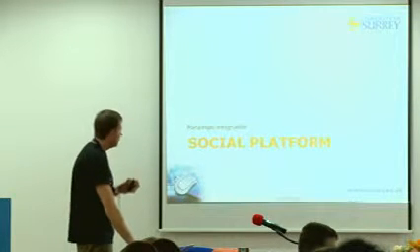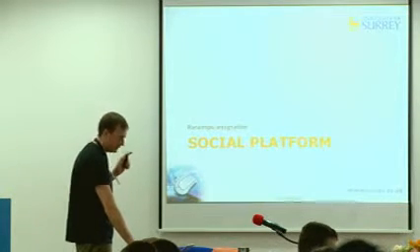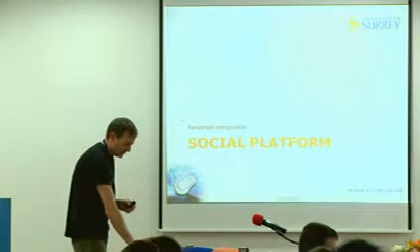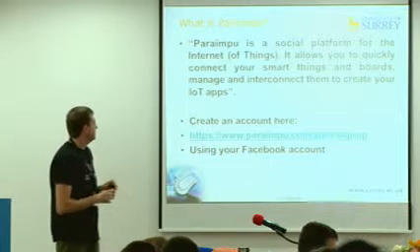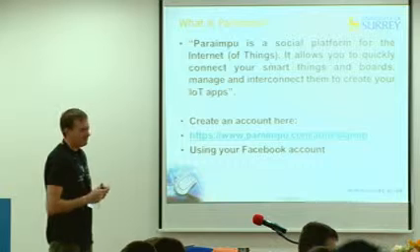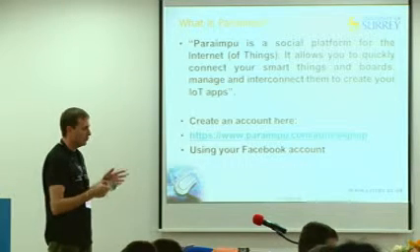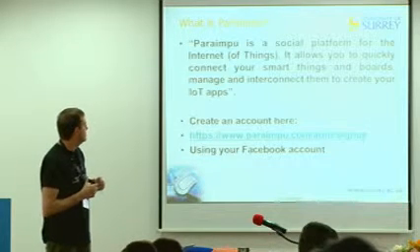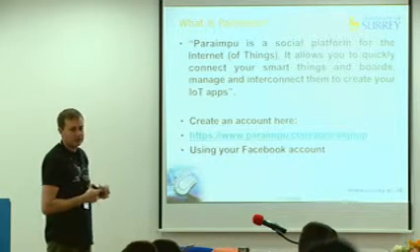So I want to show now the integration with ParaInput. That is another social platform for creating Internet of Things, social Internet of Things. So the main concept of ParaInput is that it is a platform that allows you to quickly connect smart things and different boards. They have already an example for the Galileo board. They support the Galileo board, in order to create your Internet of Things app.